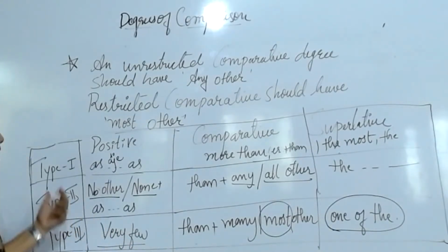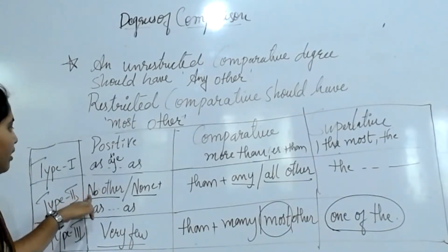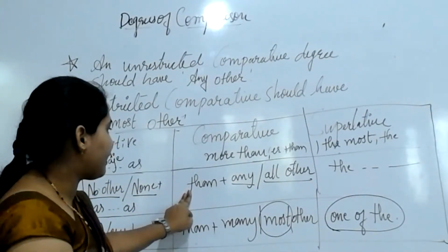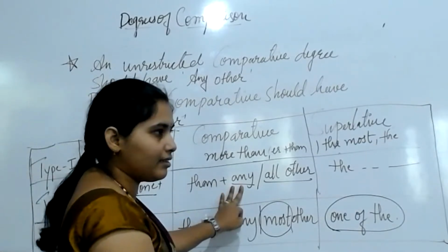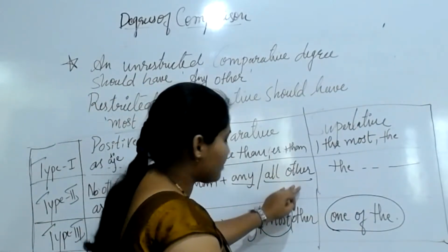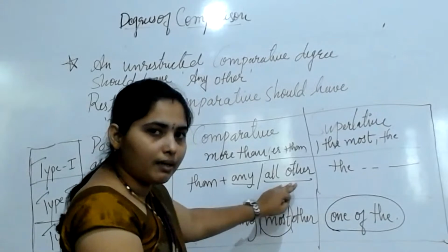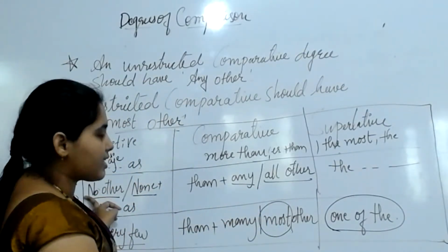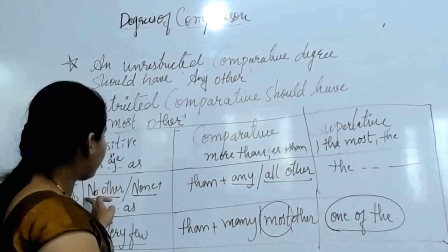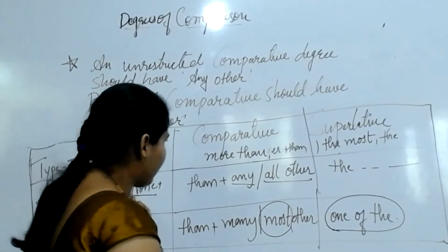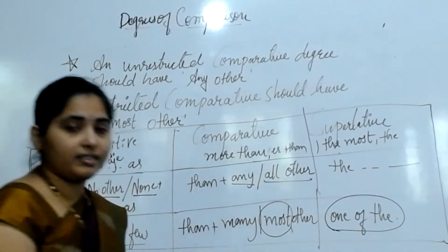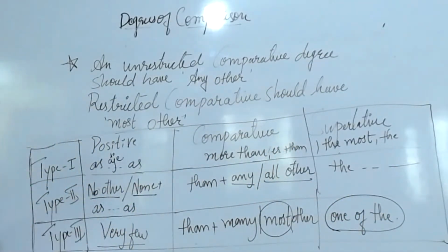If the positive degree starts with "no other" or "none other", you have to use "than plus any other" or "than plus all other" in the comparative degree. And the same if the positive degree starts with "no other" or "none other", you have to write "the cleverest", "the greatest", "the biggest", like that in the superlative degree.